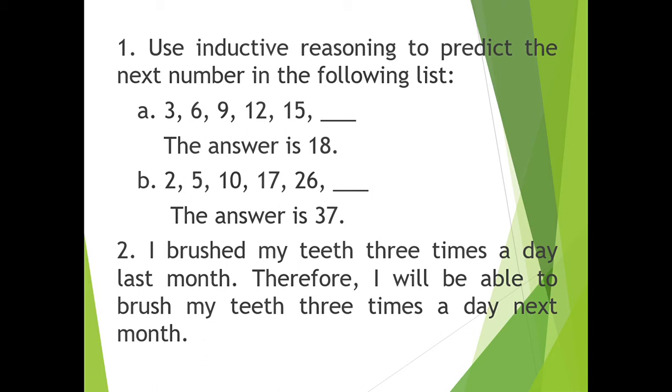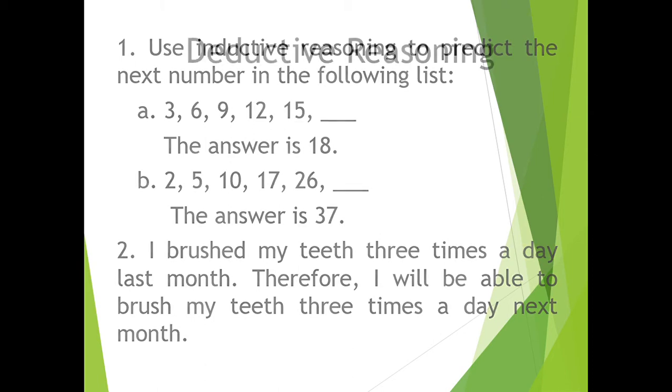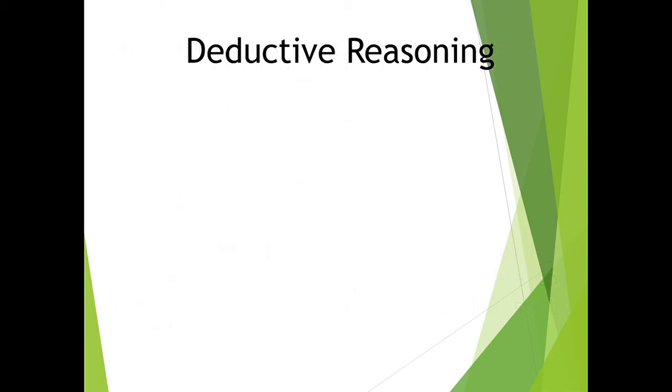That's why you came up with the conclusion that since I brushed my teeth 3 times a day last month, maybe next month or the next 3 months, I will brush my teeth 3 times a day again. So those are for inductive reasoning.